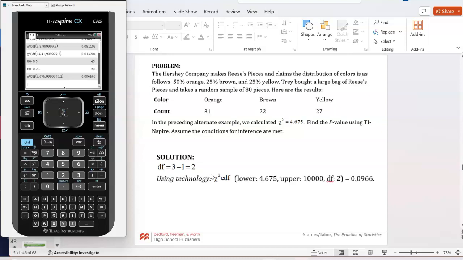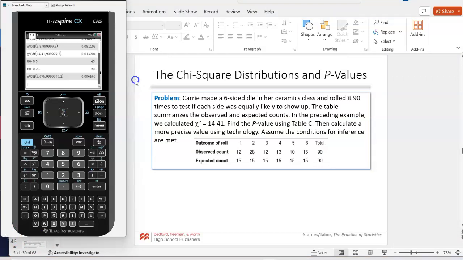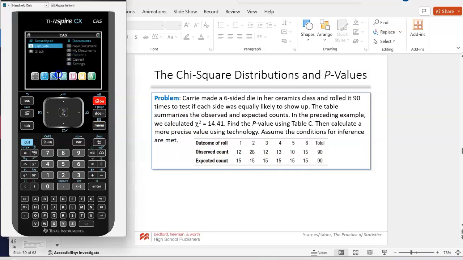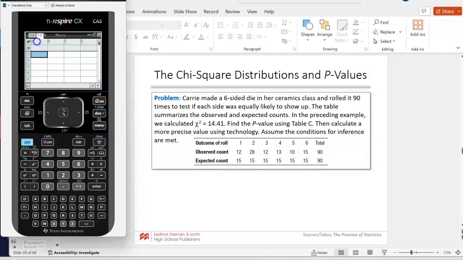Okay. Let me show you one more thing. We might go over this again for the next lesson, but I'm going to show you now how to do this test in your calculator, because you probably guessed you can do this in the calculator, and you can. You have to have the observed list and the expected list. So I'm going to hit the home key, go to Lists and Spreadsheet. I'm going to call them observed, or OBS, and expected.